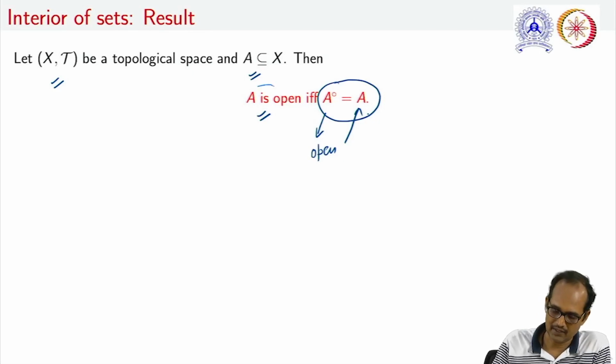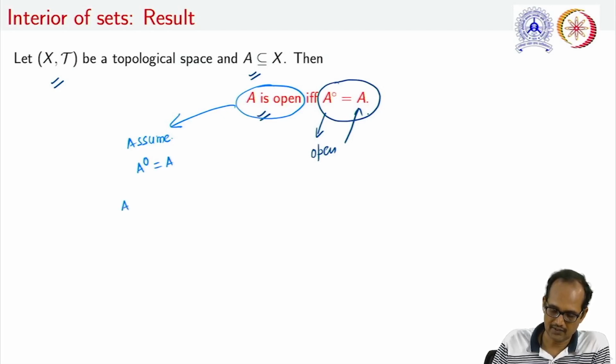Conversely, let A be open, assume it, and let us try to justify that A interior is equal to A. Note that A interior is always a subset of A, and now A is also a subset of A interior. What is A interior?